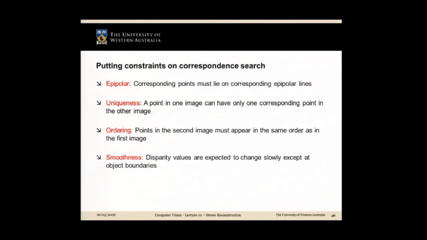Ordering. Points in the second image must appear in the same order as in the first image. That's very important, right? If the points are in some particular order in your image number 1, they should be in exactly the same order in your second image. And you can take care of that by the way you represent your information. Now, smoothness. Disparity values are expected to change slowly except at object boundaries.